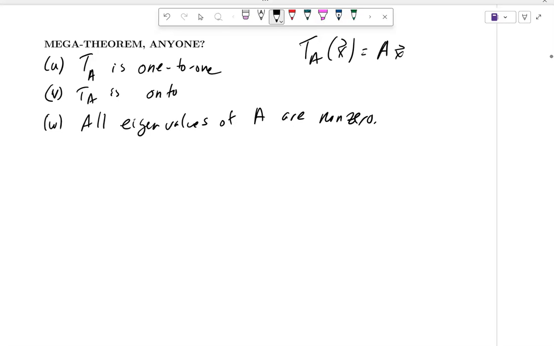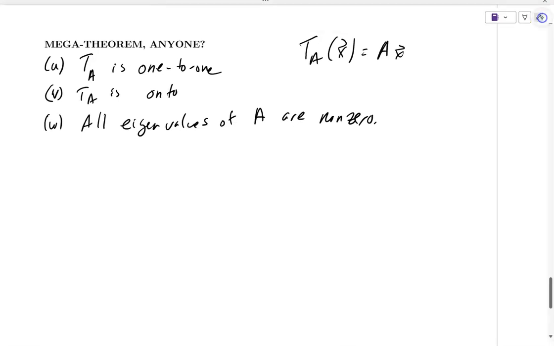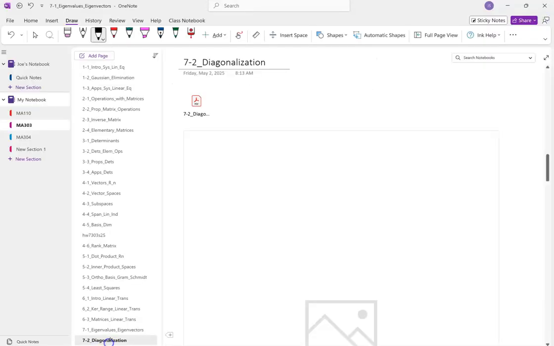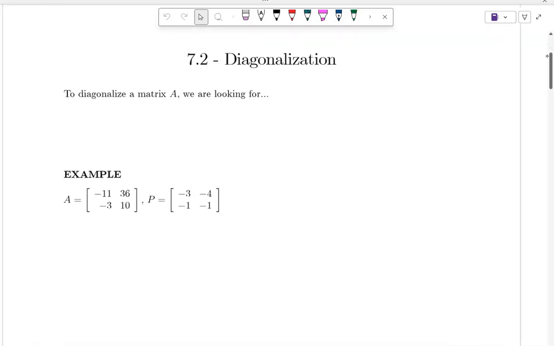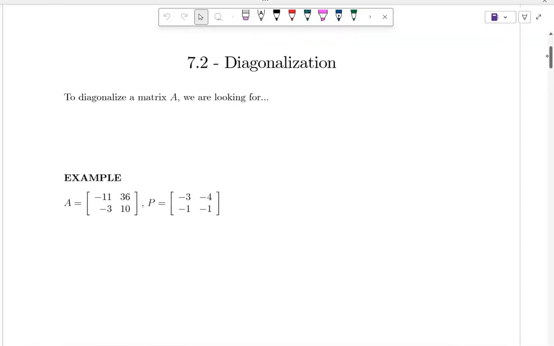All right. So what do we mean when we're talking about diagonalizing a matrix? Well, if I talk about diagonalizing a matrix, I probably am talking about some sort of a diagonal matrix, right? Yeah, I hope. Okay. All right.